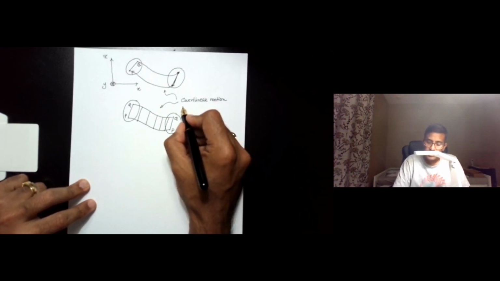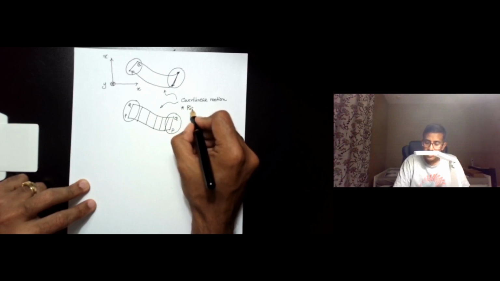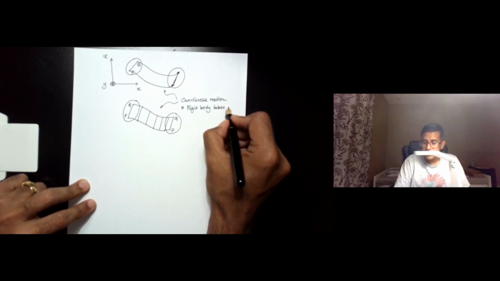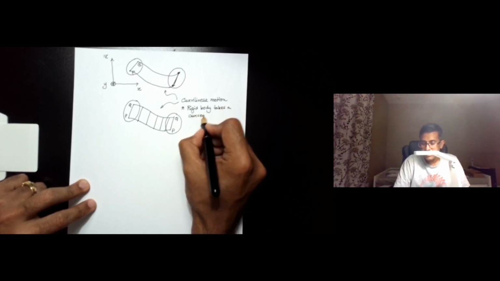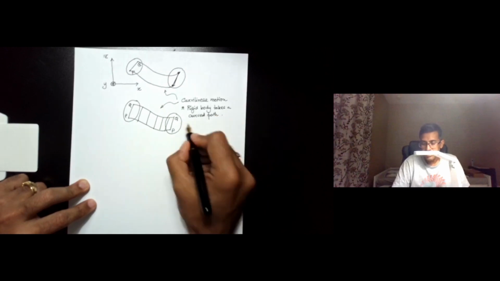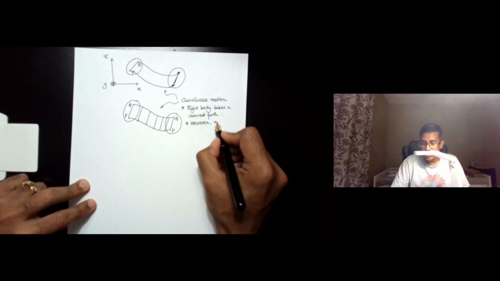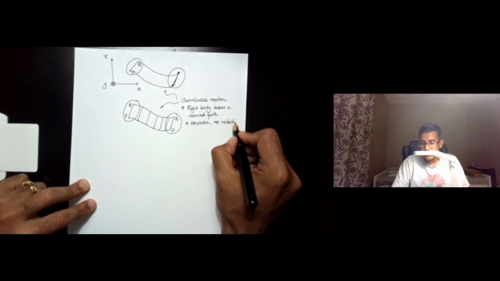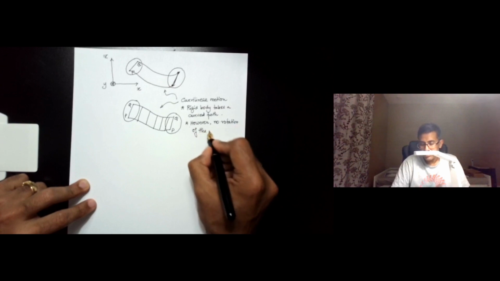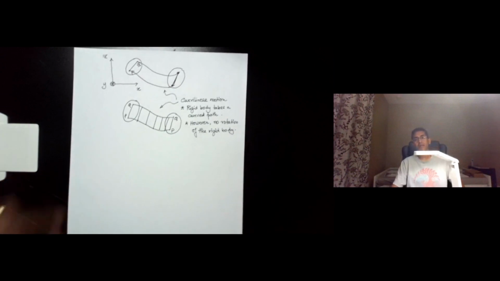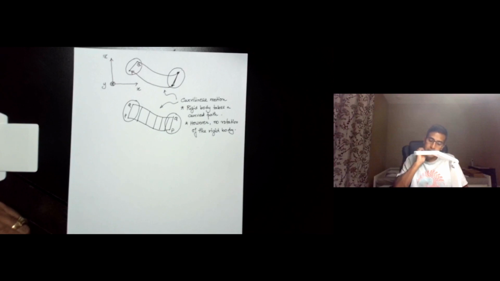So here, the rigid body takes a curved path. However, no rotation of the rigid body. So it does not have any rotation about its axis or about perpendicular to its axis, or there is absolutely no rotation.